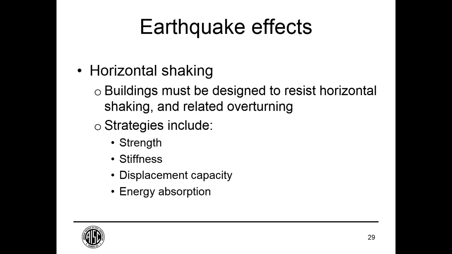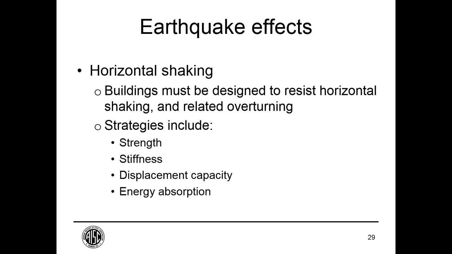That means earthquake-induced lateral drift may cause yielding of elements, but for controlled seismic response, we don't want the lateral system to lose its strength. So we don't want instability due to lateral movement. We may have to accommodate a fair amount of lateral movement, but instability would not be conducive to good seismic performance. And then another strategy is energy absorption.